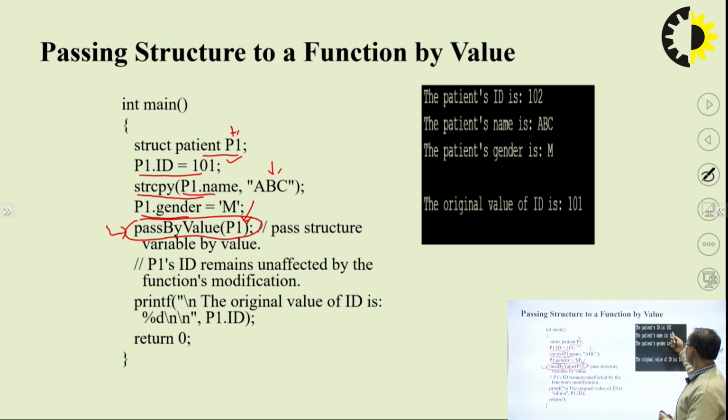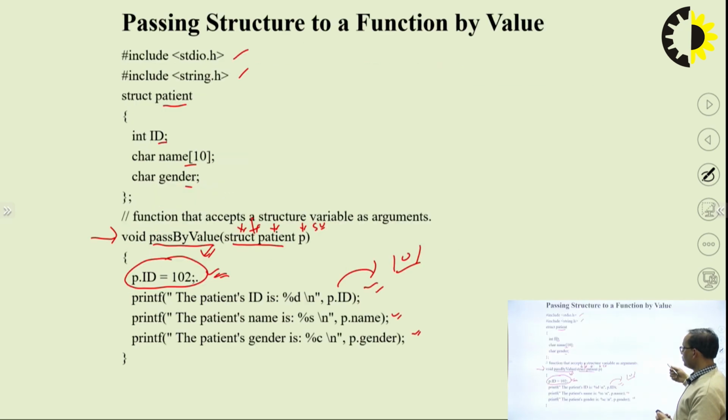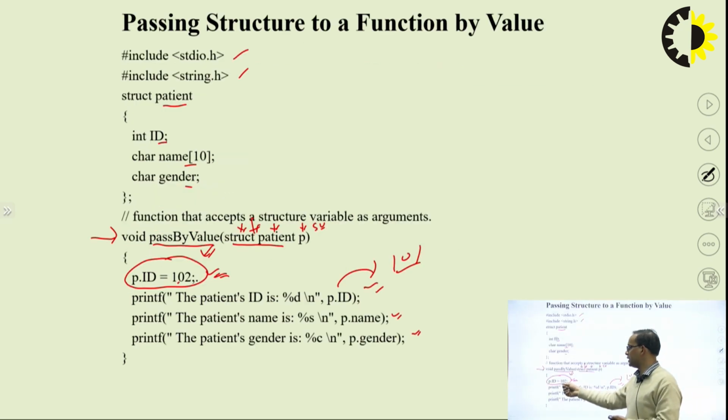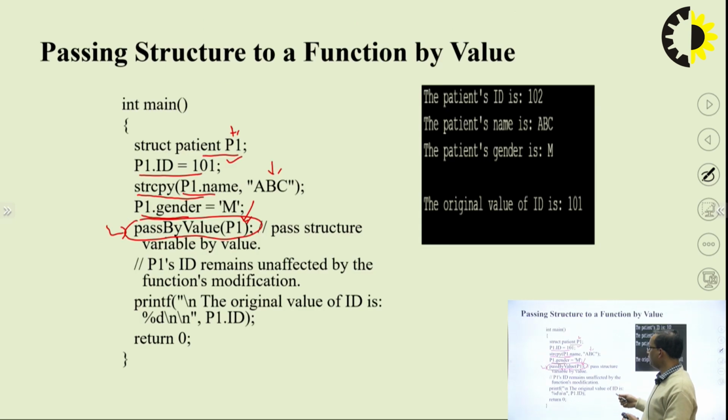Patient ID is 102, because we are initializing it to 102 inside the structure, but this is not the actual value that we assigned inside the main method. So patient ID is 102, name is ABC, and gender is M. Again, the original value remains the same, 101.